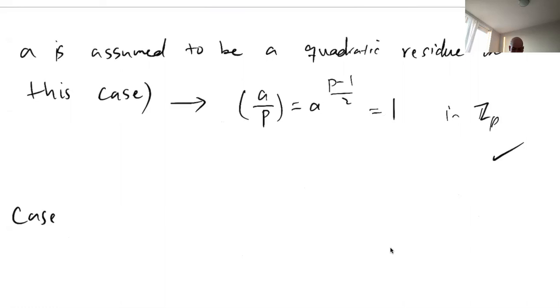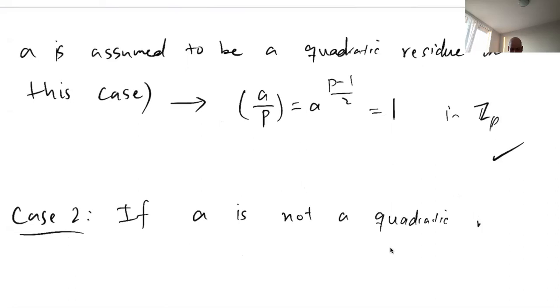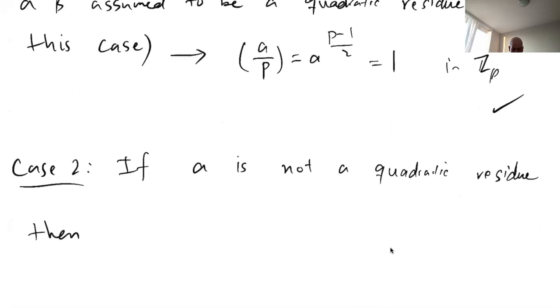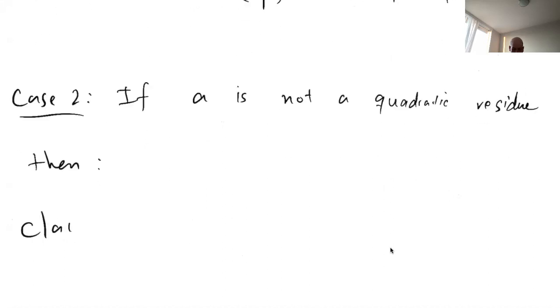Now, case 2, if A is not a quadratic residue, then my claim is that A to power P minus 1 over 2 minus 1 will not be equal to 0 in ZP.